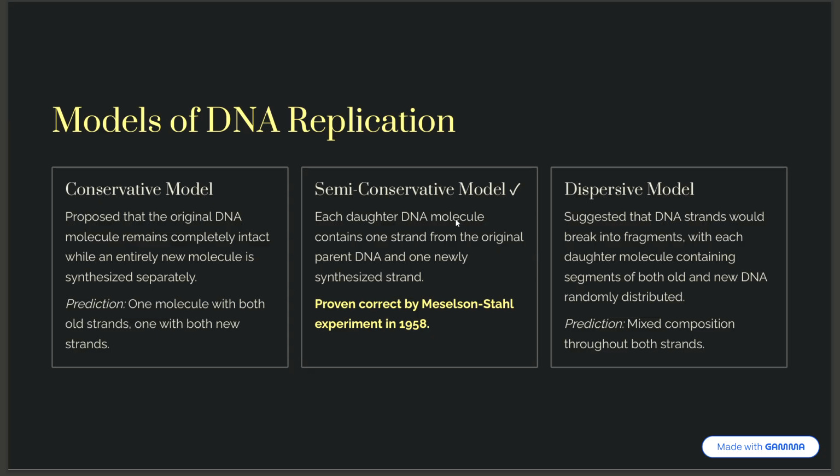Each daughter DNA molecule contains one strand from the original parent DNA and one newly synthesized strand. The third model, the dispersive model, suggested that DNA strands would break into fragments, with each daughter molecule containing segments of both old and new DNA randomly dispersed.